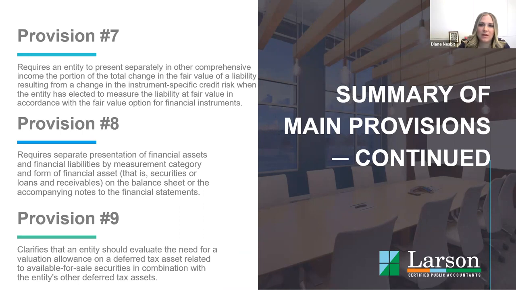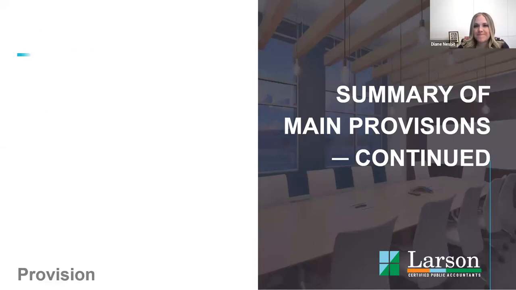We know that when we are marking an asset to fair value on the books for GAAP purposes, that is going to generate a book tax difference that then needs to be accounted for through a deferred tax asset or liability there. So just remember that those available for sale securities, the valuation allowance on a deferred tax asset there does need to be looked at and evaluated separately.